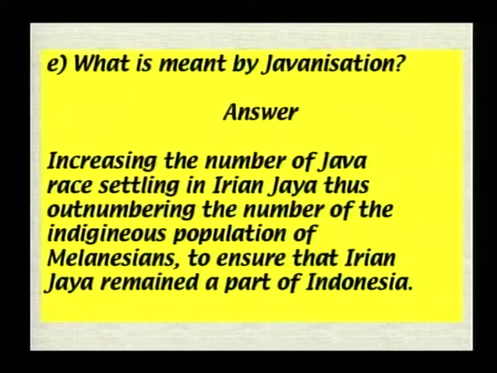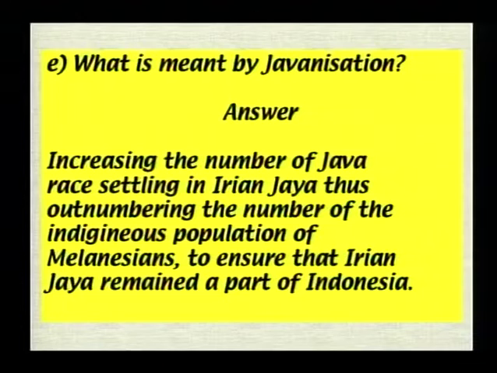Then we came to the concept of Germanisation. From the definition that was given, it was mentioned that Germanisation is basically to do with increasing the number of Java race settling mainly in Irian Jaya, thus outnumbering the indigenous population of Melanesia. And the main reason for that concept is to ensure that Irian Jaya remains a part of Indonesia.